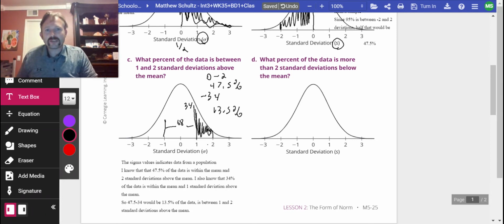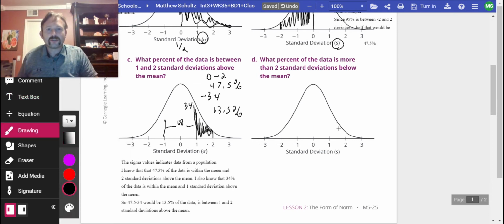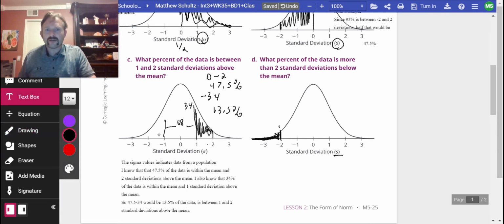It says what percent of the data is more than 2 standard deviations below the mean. Okay, so starting here and going this way, all the way that way. It's an S, so let's type this out.